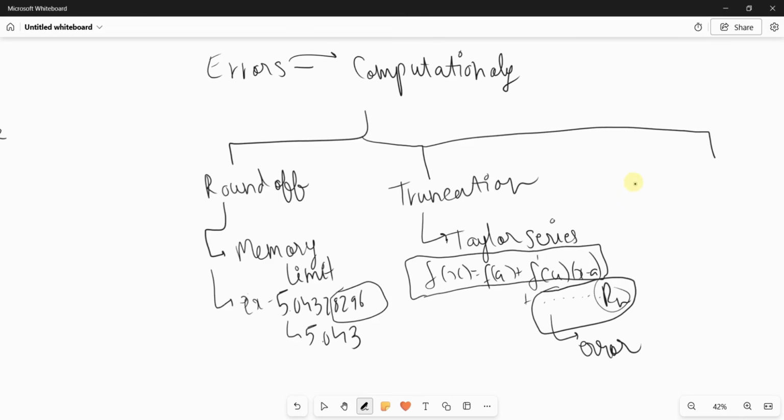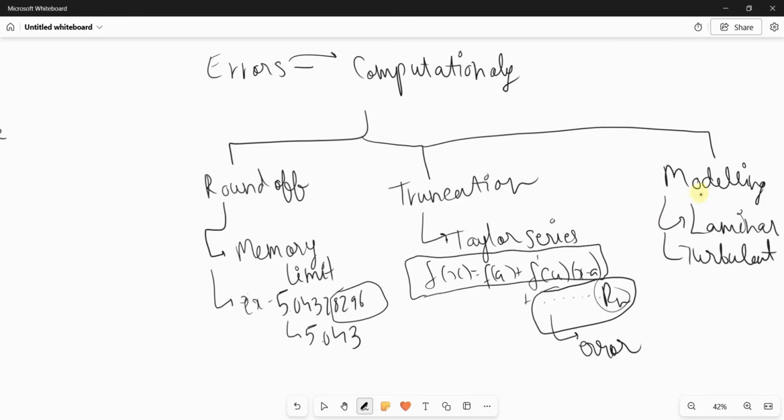And finally you have your modeling error. Now modeling error is based on the models that you choose, like you can choose laminar or turbulent models. The problem is that these errors arise if you choose the wrong model for the condition, or the wrong boundary condition, or the wrong flow situation.